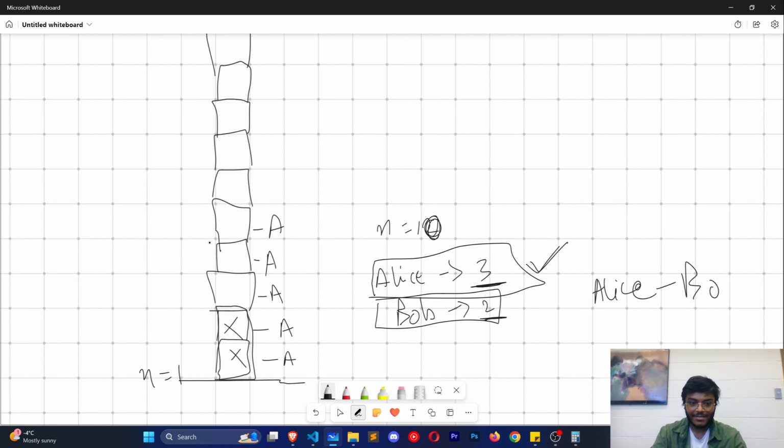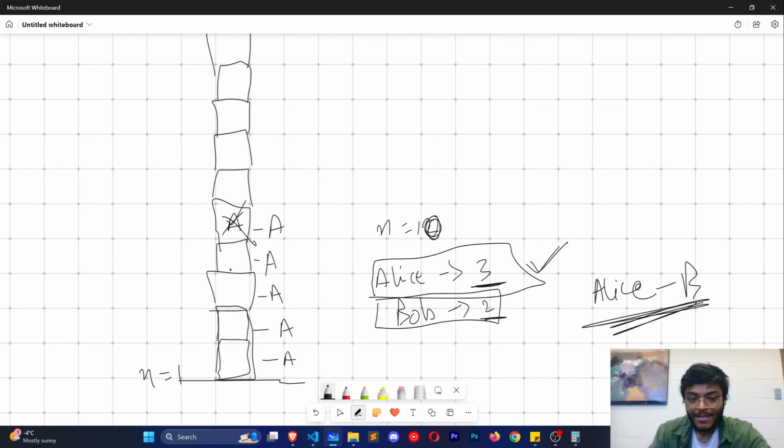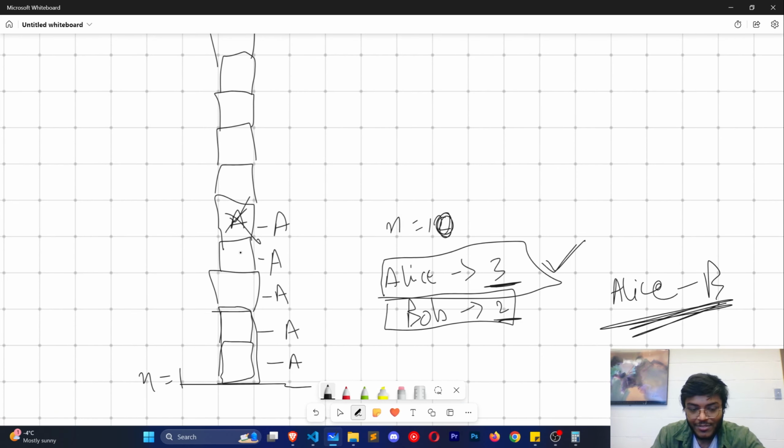So Alice could be sitting over here, and Alice could remove one stone, and Alice would again be in the same position, and let's say Bob removes this particular stone. And now Alice is over here, right? So if Alice wants, Alice could have directly come to this position as well. How? By removing two elements.